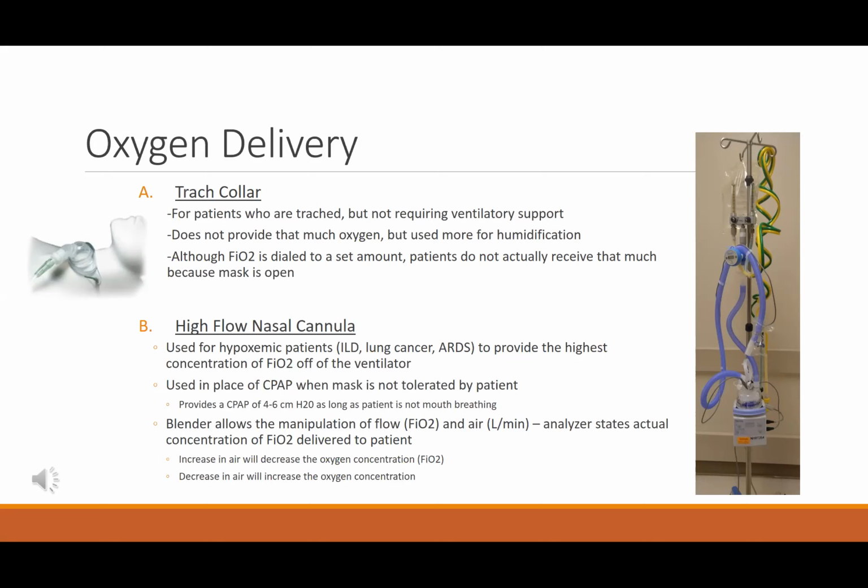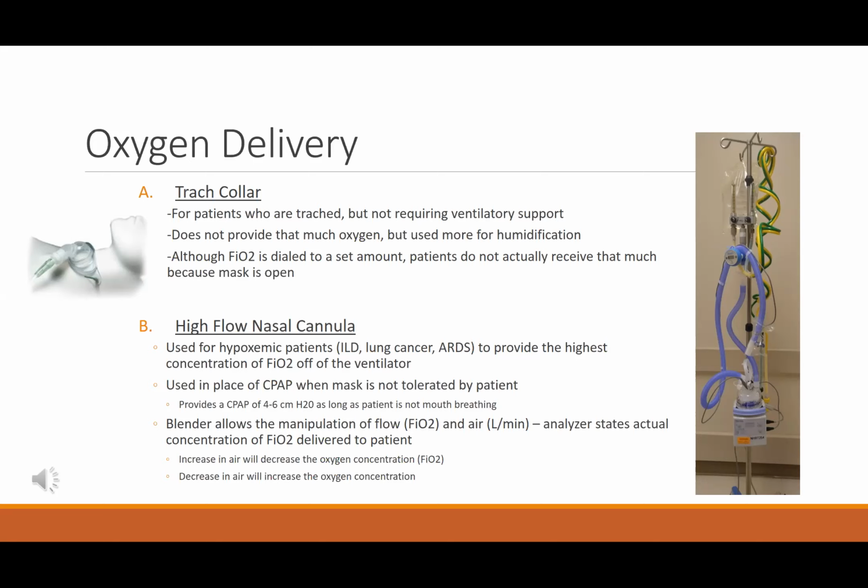The next oxygen delivery system that I want to talk about is high flow nasal cannula. Depending on where you work, you may or may not have ever seen high flow nasal cannula. We do use it a lot in the critical care areas.